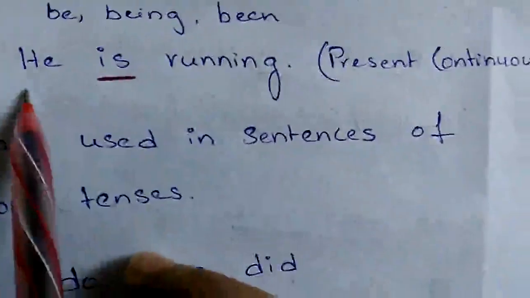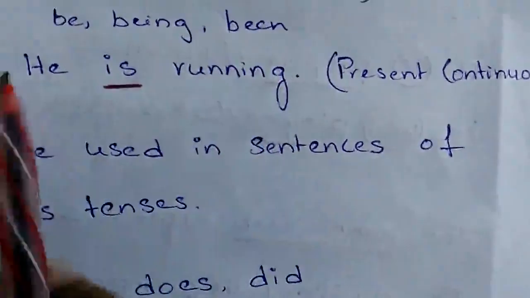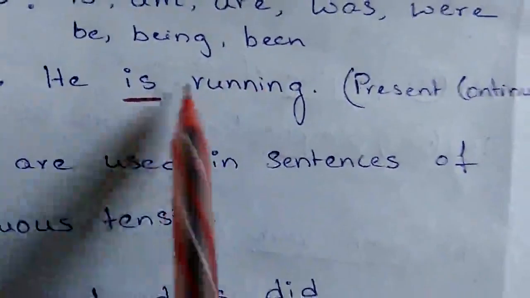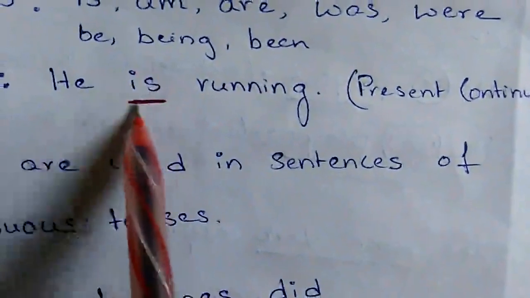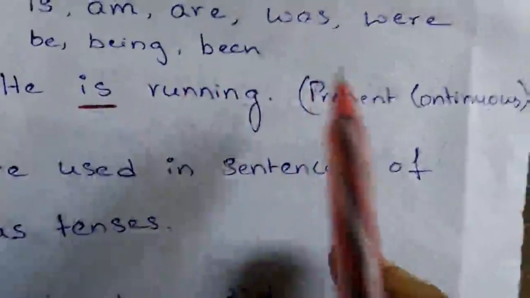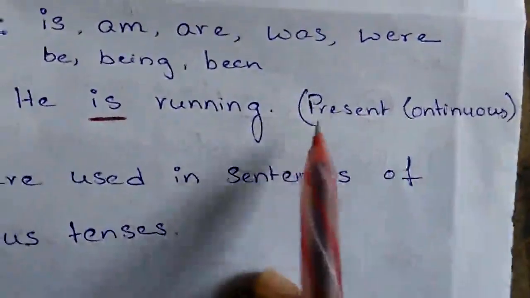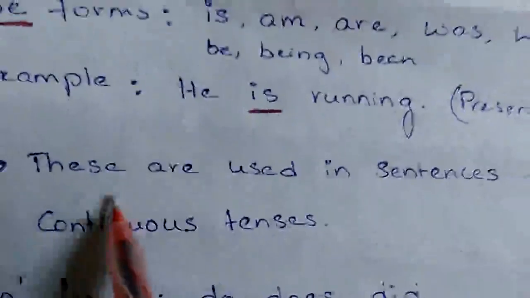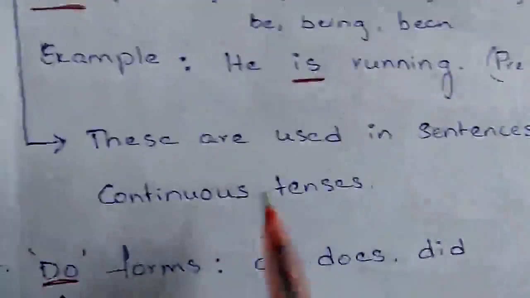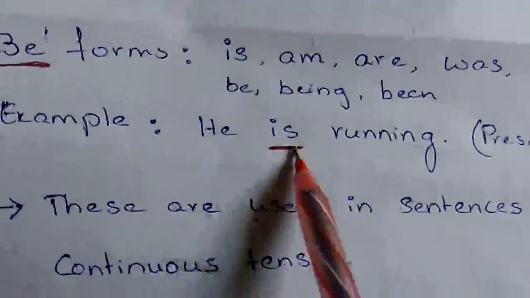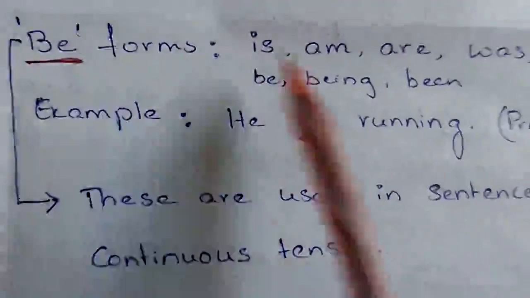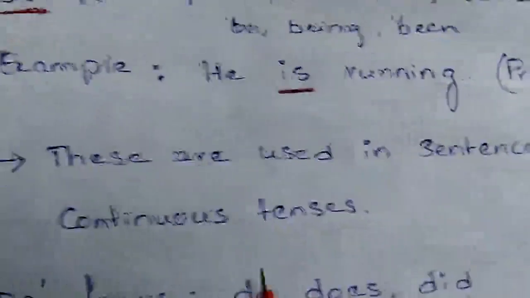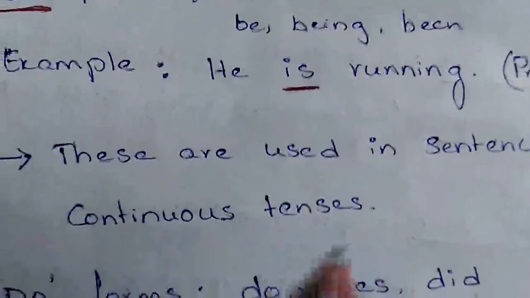In this sentence, the be form is used to construct the present continuous tense. Be forms are used in sentences to form continuous tense.